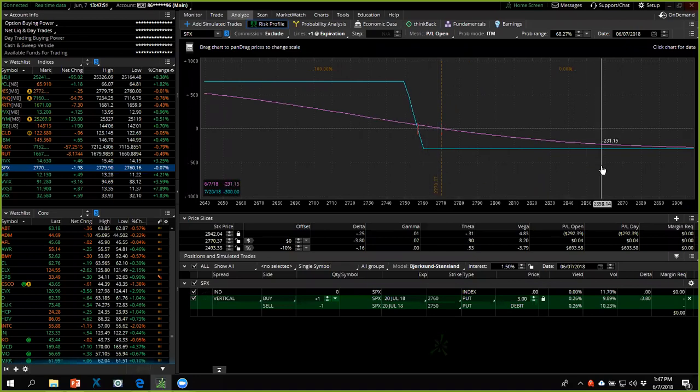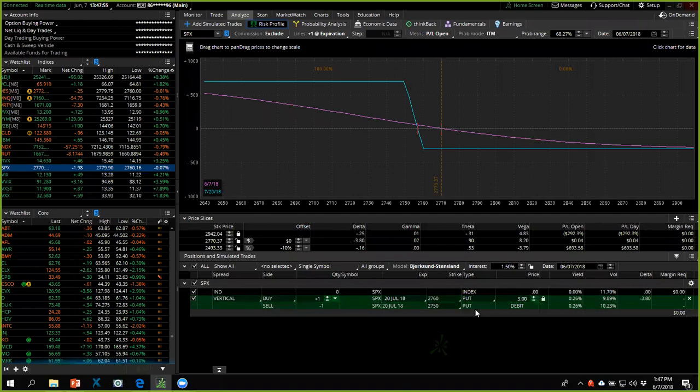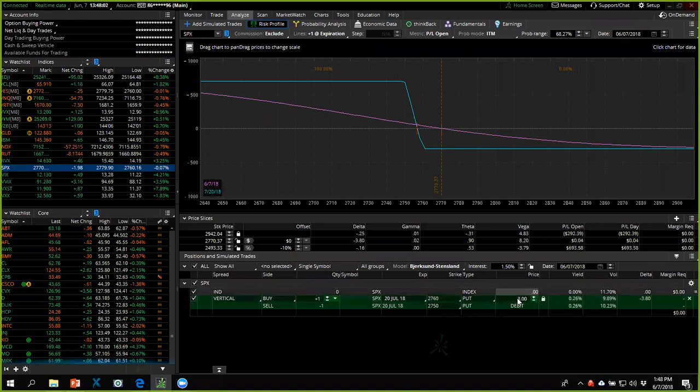If the market turns around, goes up from here, this debit spread will be losing money because it's a put debit spread. And so it'll be quoting less, $2.50, $2, $1.50, depending on how far we go and how fast it gets there. And so let's say you've decided that you were going to close this debit spread when it quotes at $1.60.